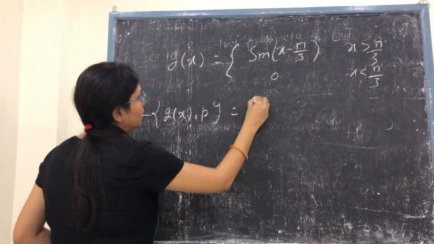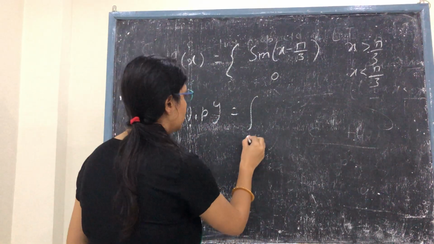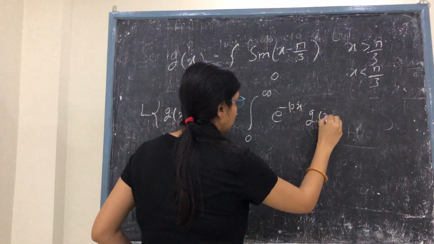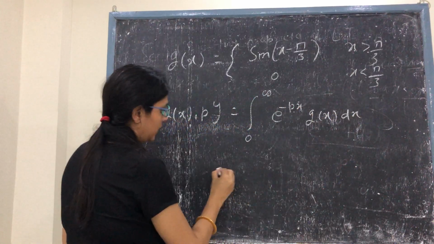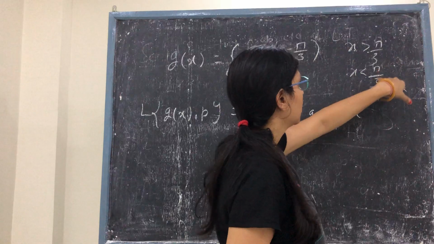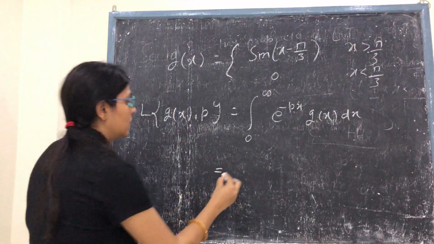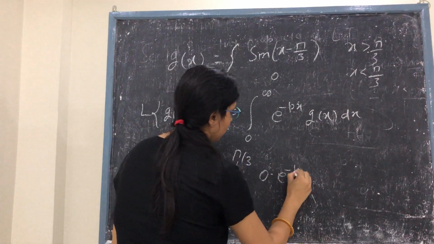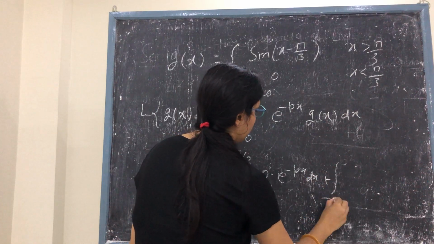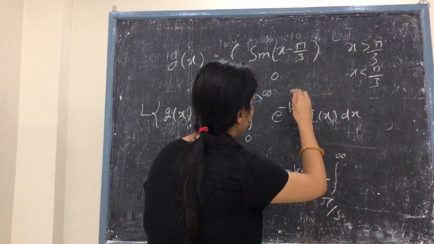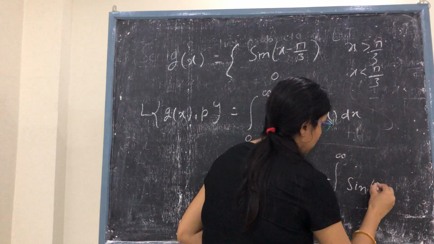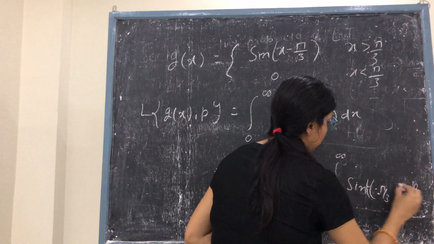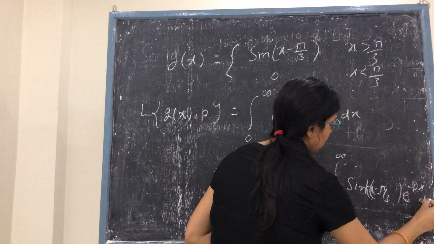Generally this is integral from 0 to infinity e to the power minus px g of x dx. Now from 0 to pi by 3, the function g of x is 0, and then from pi by 3 to infinity, our function is sine of x minus pi by 3 times e to the power minus px dx.